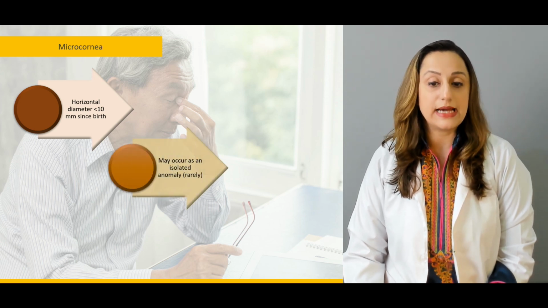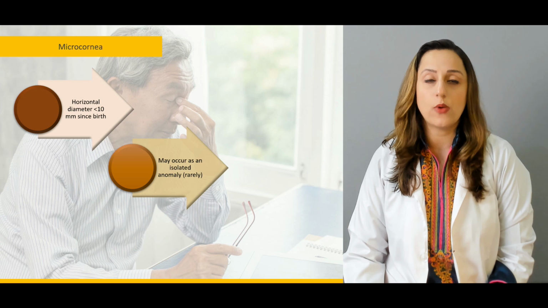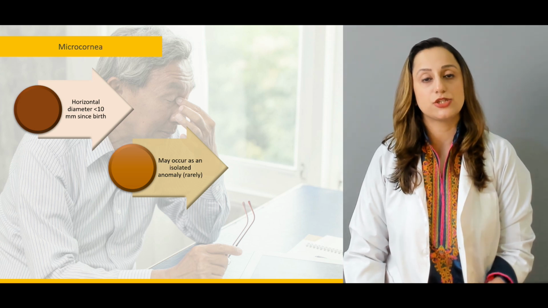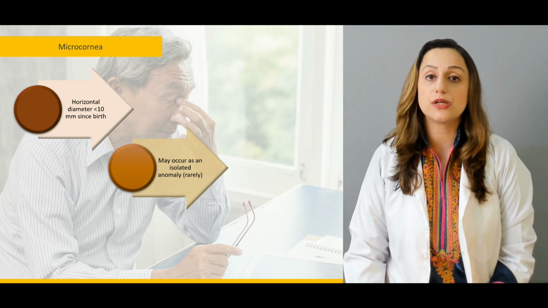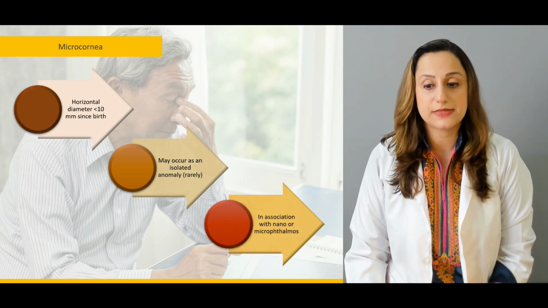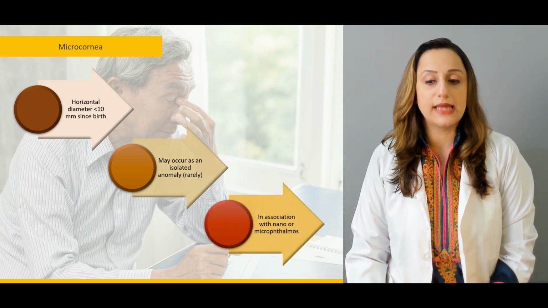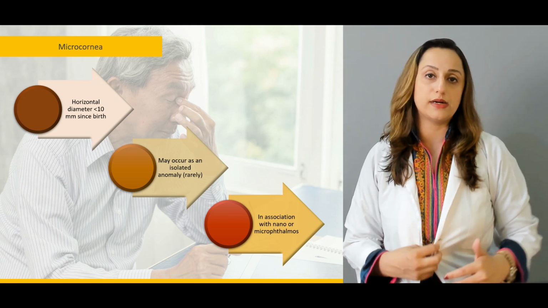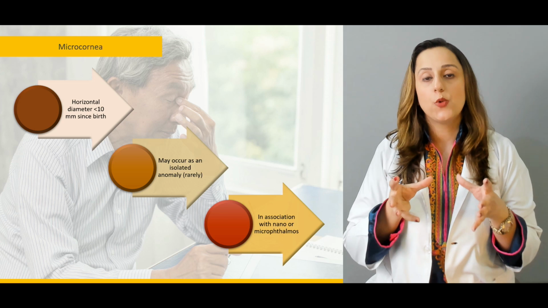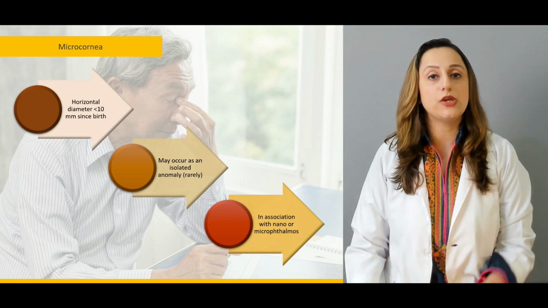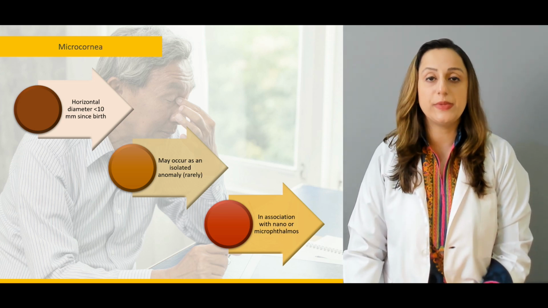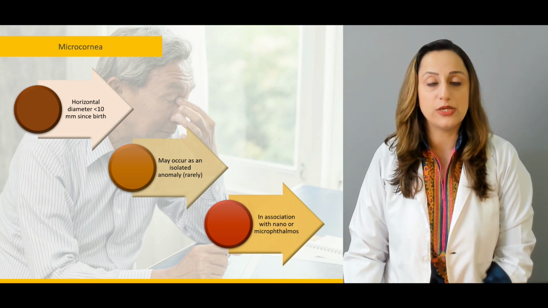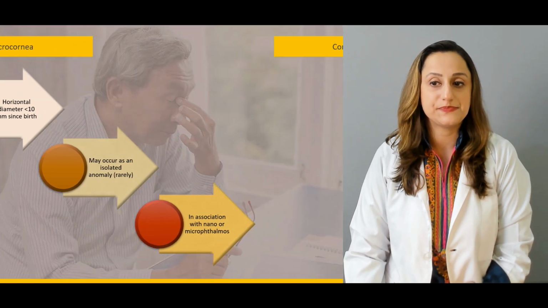That may occur as an isolated anomaly, which is quite rare. Usually, again, this condition would be associated with a lot of syndromic conditions, in association with nanophthalmos and microphthalmos. So usually it is not just the cornea, it is associated with the diameters of the orbit on the whole. There would be microphthalmos also noted in these babies.